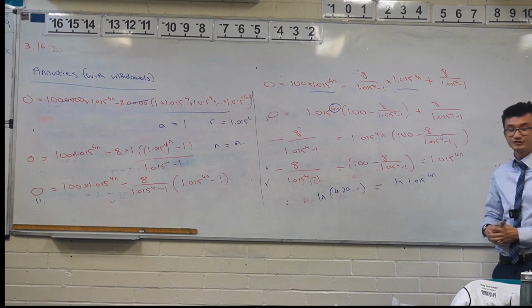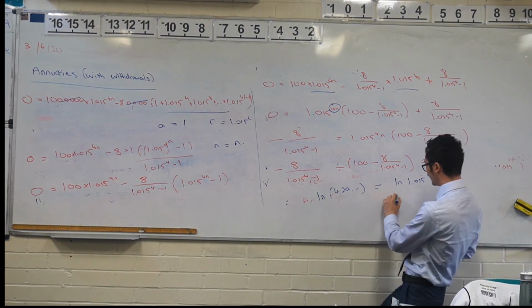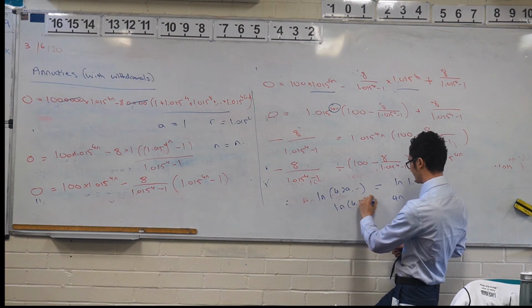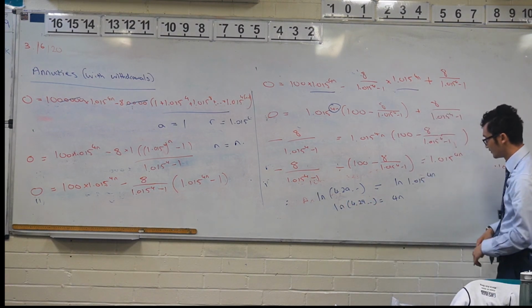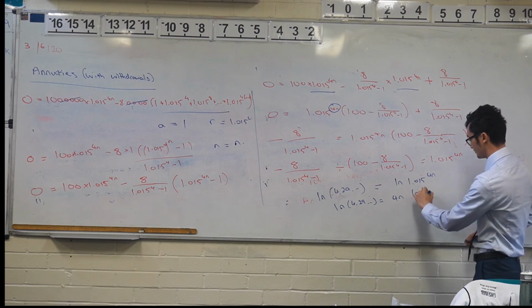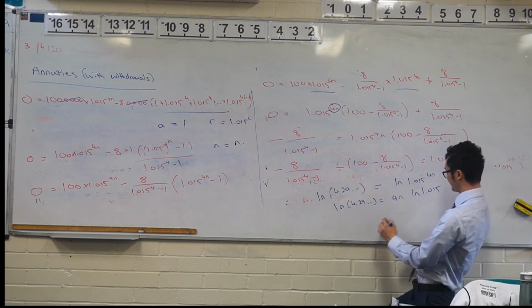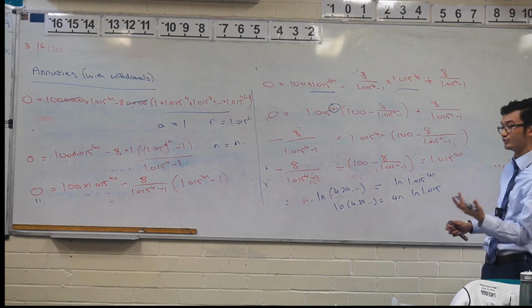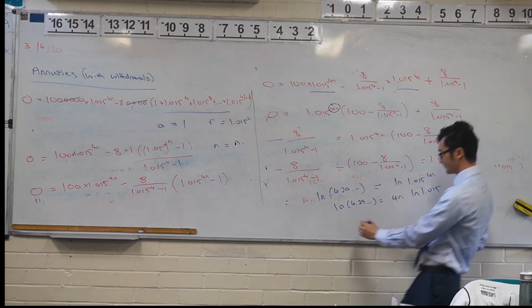And remember your log laws, right? So we bring this out. And then we divide. So really I need to divide by 4 as well. Divide by 4 and divide by this log.